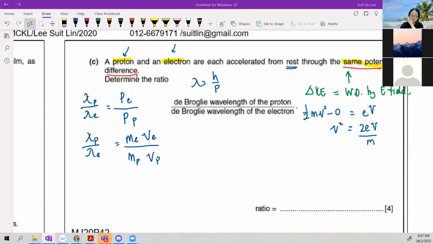And then I feel there are many constants here. For example, 2E and even the same potential V are constant. So finally, I will have velocity squared is proportional to 1 over m.